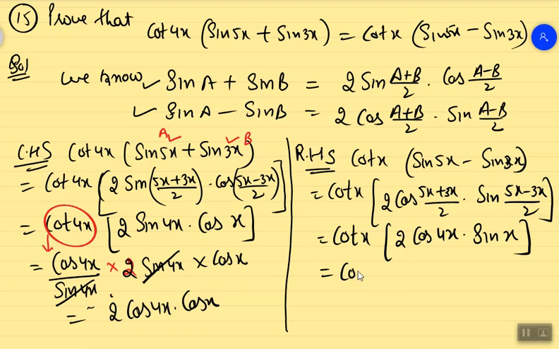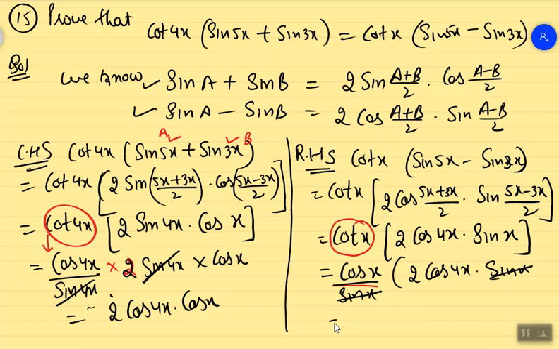Cot can be written as cos x over sin x, so 2 cos 4x into sin x.